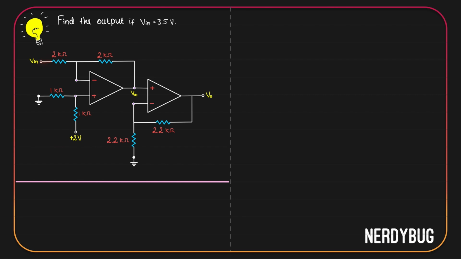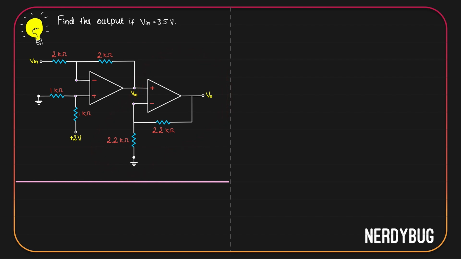Vin is the input we give to the inverting terminal, and plus 2 volt is what we give to the non-inverting terminal. Output of the differential amplifier is given into the non-inverting terminal of the next op-amp. You can see it has a negative feedback, which means the second stage is nothing but a non-inverting amplifier.